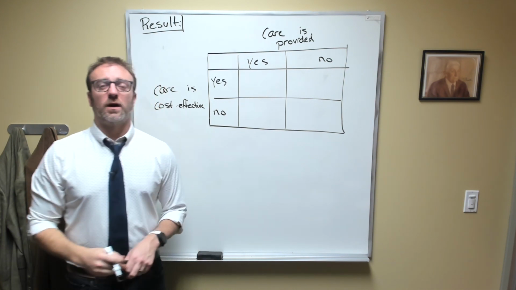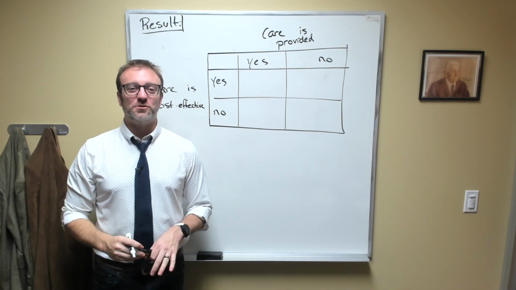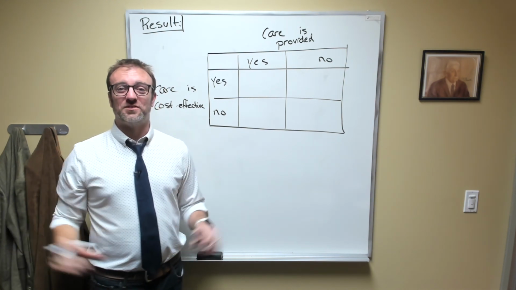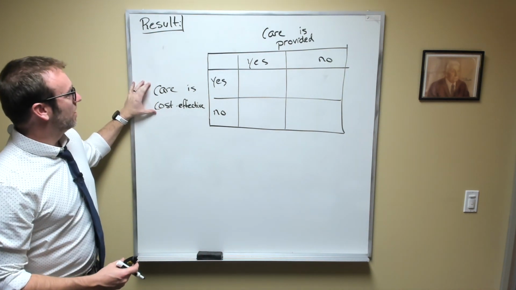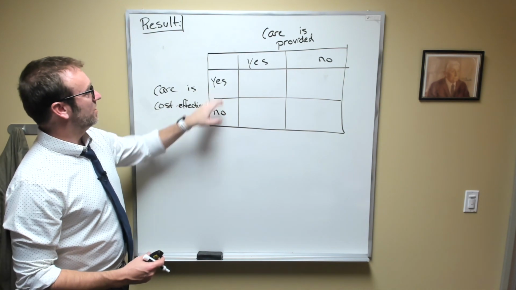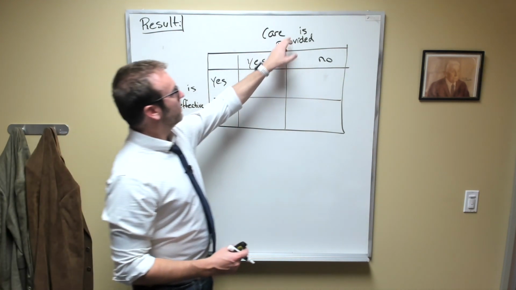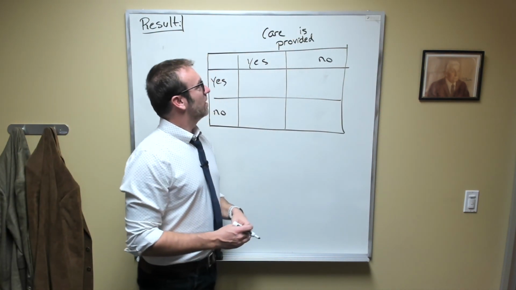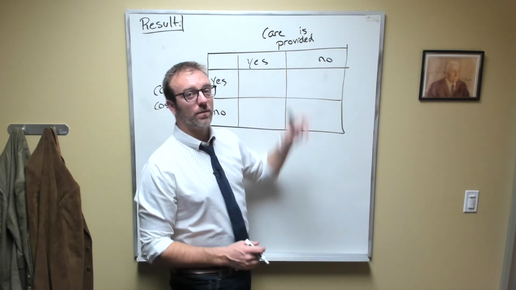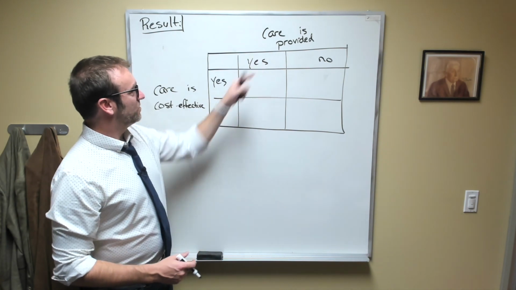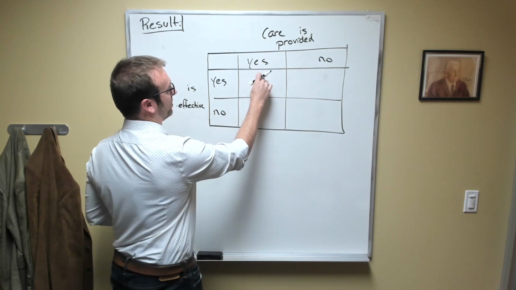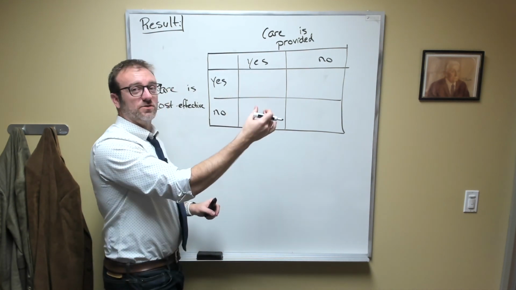Now, we can think about this in the context of a 2x2 matrix, which economists love to use. On this axis, we have the question of whether or not the care is cost effective, and we have a yes or a no. And on this axis, we have the care is provided, yes or no. Now, if the care is cost effective and it's provided, we would be in this cell here, where the answer to both questions is yes.